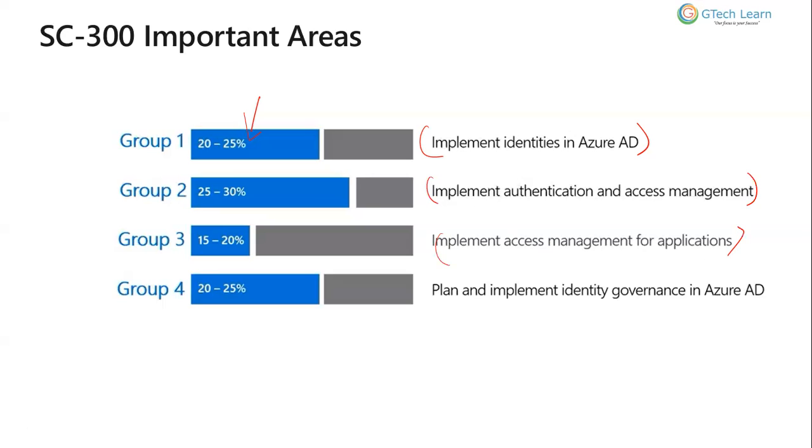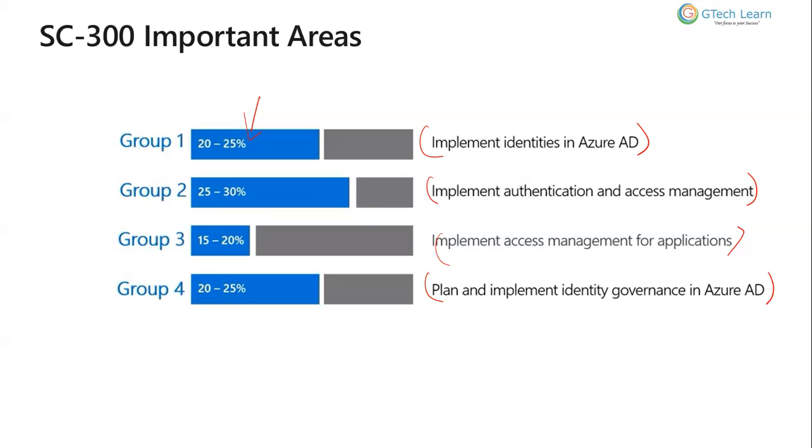Now, last but not least, group number 4, or study area 4, that is plan and implement identity governance in Azure Active Directory, where we are going to discuss entitlement management, access reviews, lifecycle management of the identities, and privileged identity management.